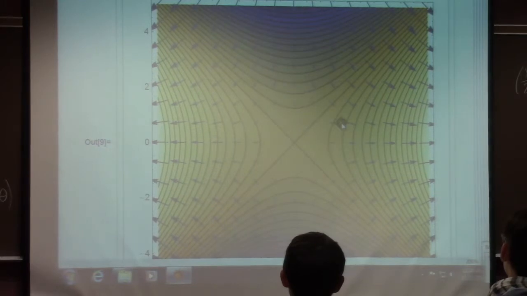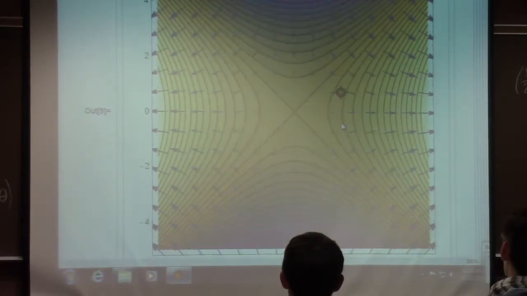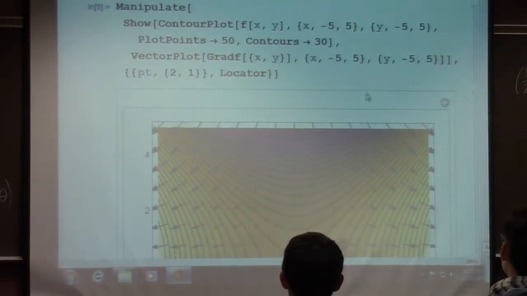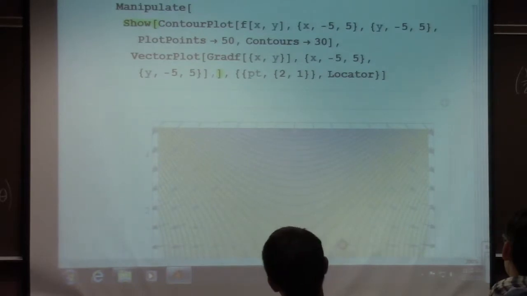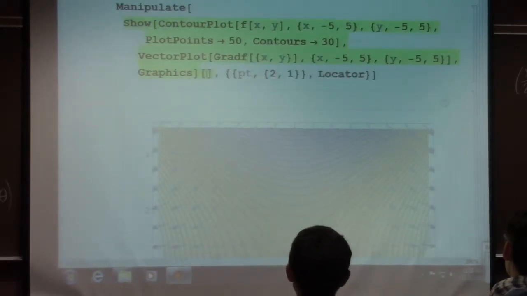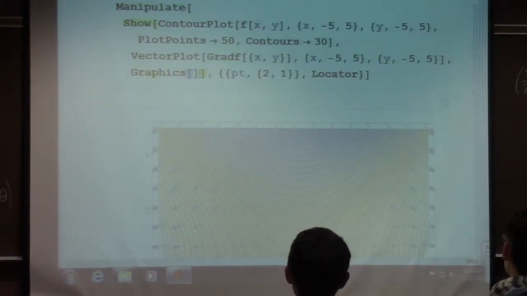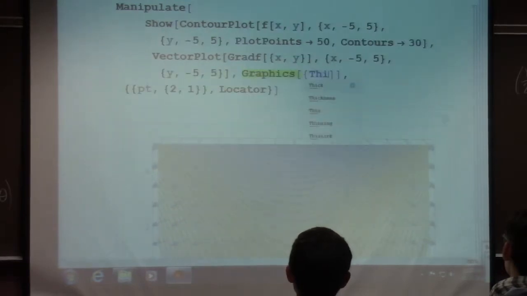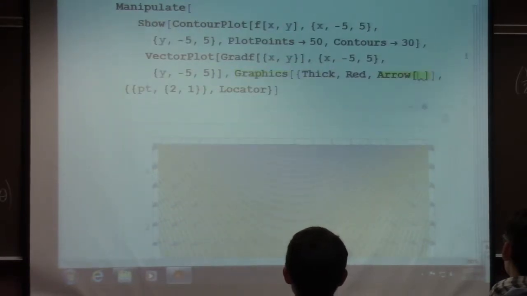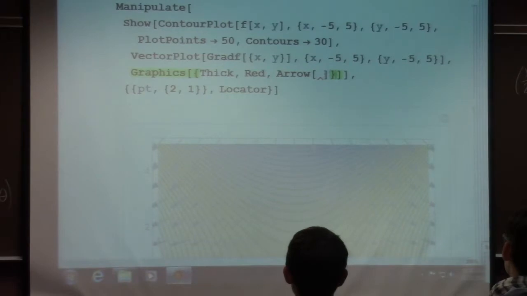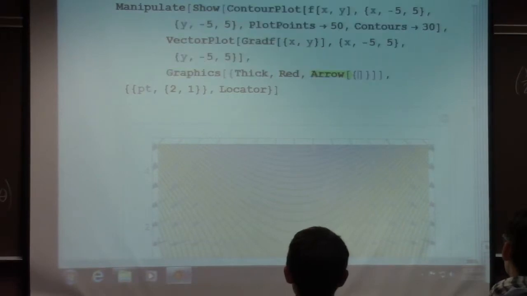What I'd like to do, though, is put some vectors in here. I'd like to put the gradient vector for one, and a couple other vectors as well. Let's put the gradient in there first, though. I can do that with Graphics and Arrow. Say a thick red arrow. I want it to be based at the location of the cursor, which is specified by PT, point. So that's where the base of the arrow is going to be.